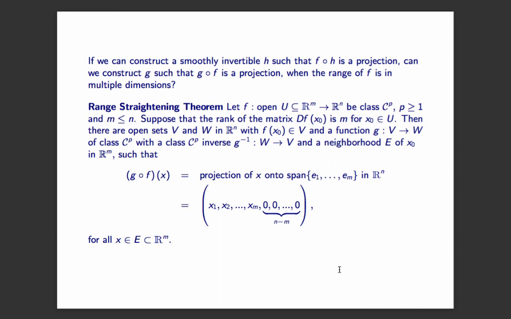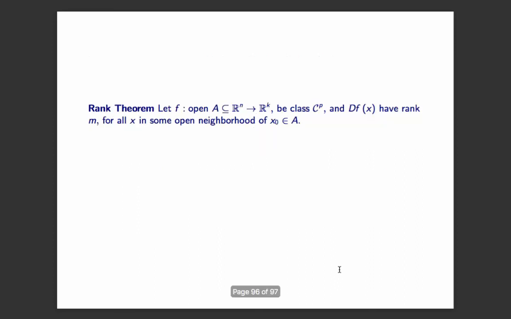So we won't prove the theorem, but the proof is in the book if you want to read it. The rank theorem. Suppose f maps an open set in Rn to Rk. Suppose it's class Cp and the derivative has rank m.